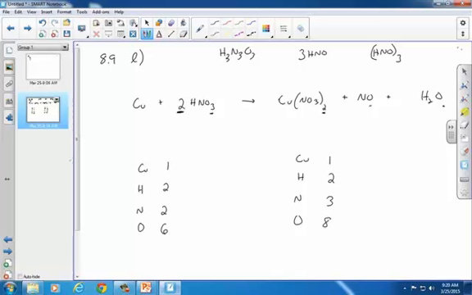So if I could find a coefficient that would increase the amount of nitrogen there, and then also a coefficient, well, basically what I'm talking about here is if I increase this number now to a 3, now I've got 3 nitrogen on both sides, but the hydrogen aren't balanced anymore. And there's no way I can get this hydrogen to be exactly equal to 3.